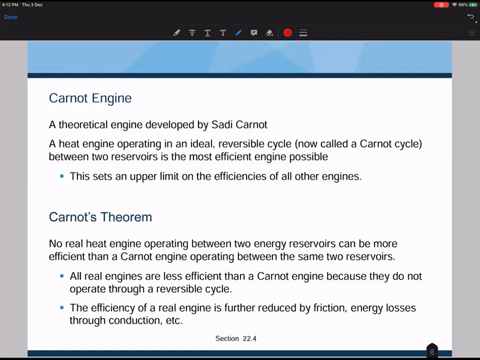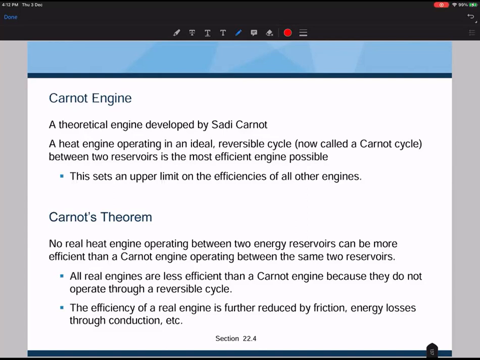And actually, the highest possible efficiency that can be achieved, for example, for the heat engine, is calculated by means of what we call a Carnot cycle.